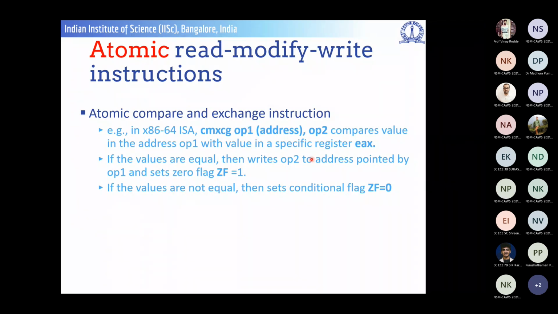It will compare it with the value that is there in a specific register. This is the EAX. This is actually encoded in the semantics of this instruction. It will check only the content of the EAX register.